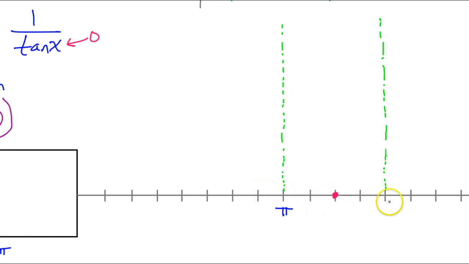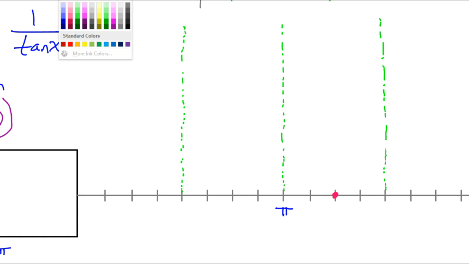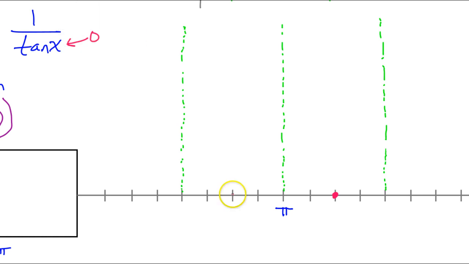So this would be 1 period to the right. If I do the same thing to the left, if I go to the left 1, 2, 3, 4, that's a full period, so I should have another vertical asymptote. And right in the middle, again, I should have another intercept.